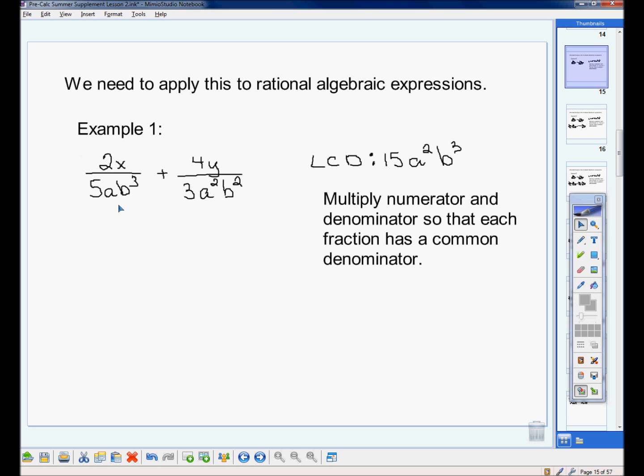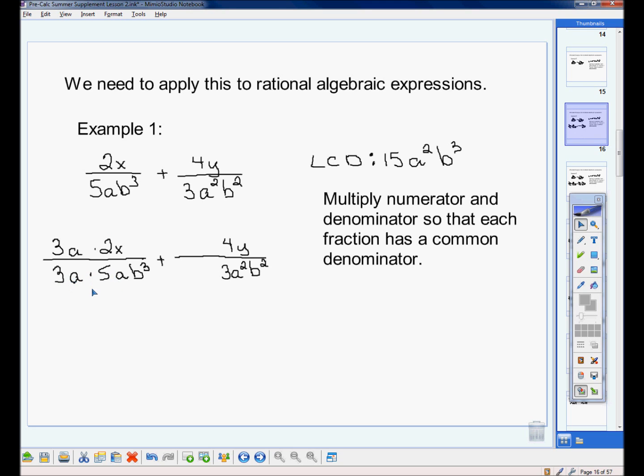So we need to figure out on this particular part, what does this need to make this its common denominator? We see that it needs an extra 3 and it needs an extra a. So we would multiply the numerator and the denominator by 3a.